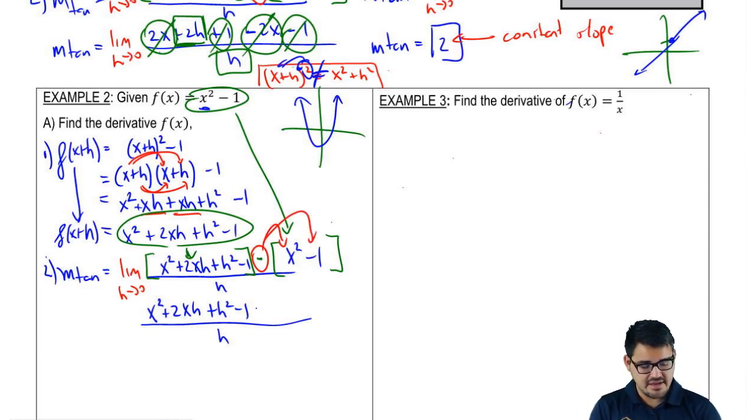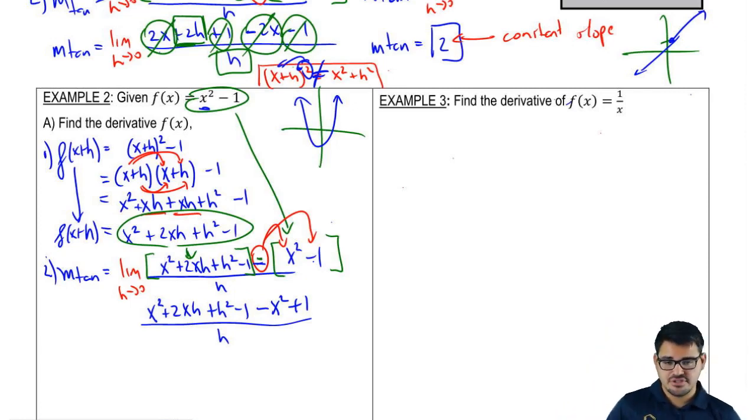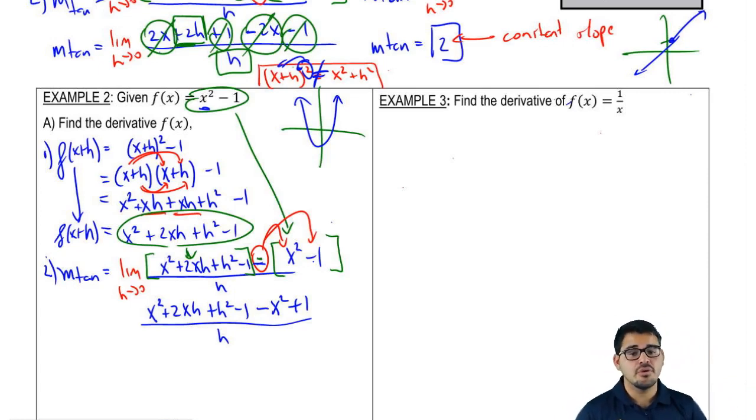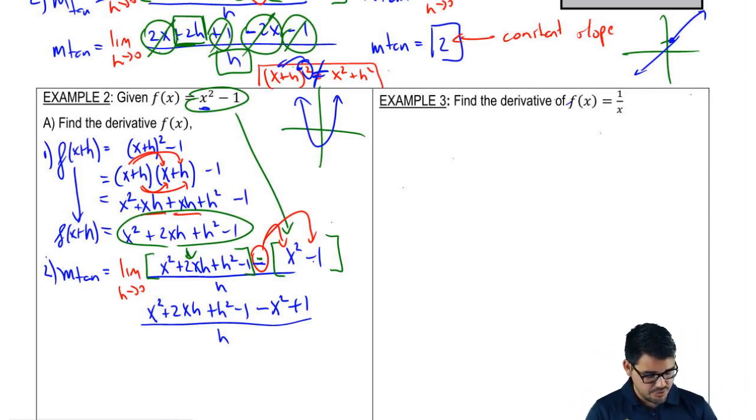So we're going to have a negative x squared plus 1. Remember that this negative times this negative becomes plus 1. Now that we've distributed our negative, we combine like terms, looking for terms that are alike. The x squared goes with this x squared here, so they cancel.